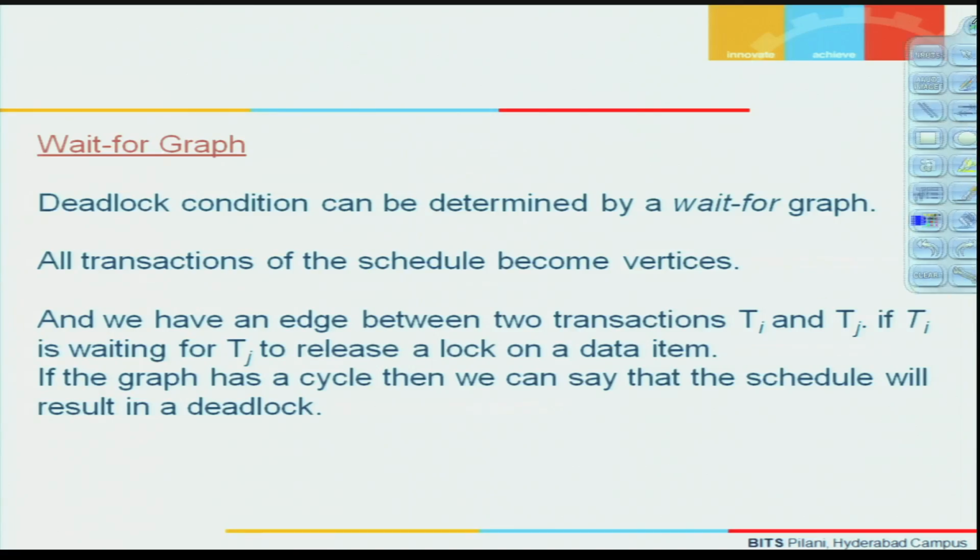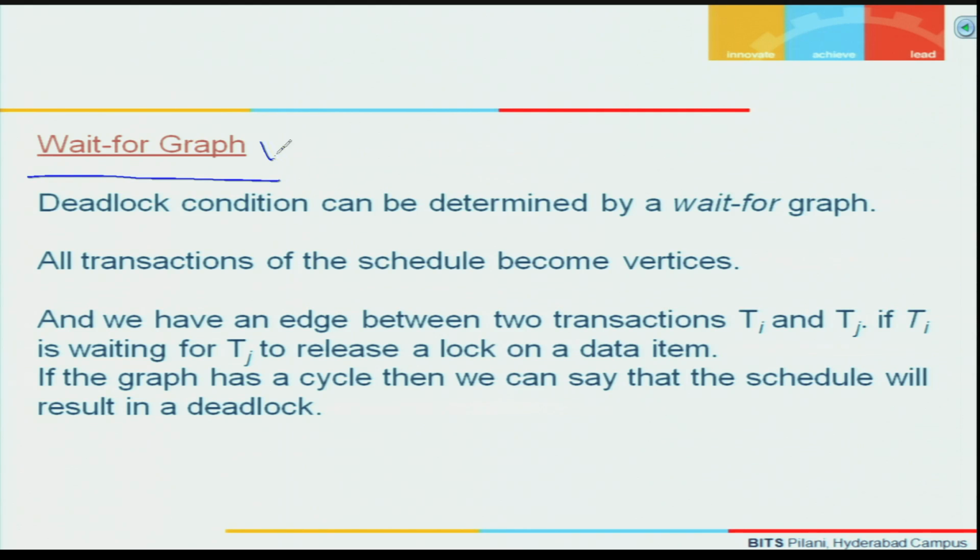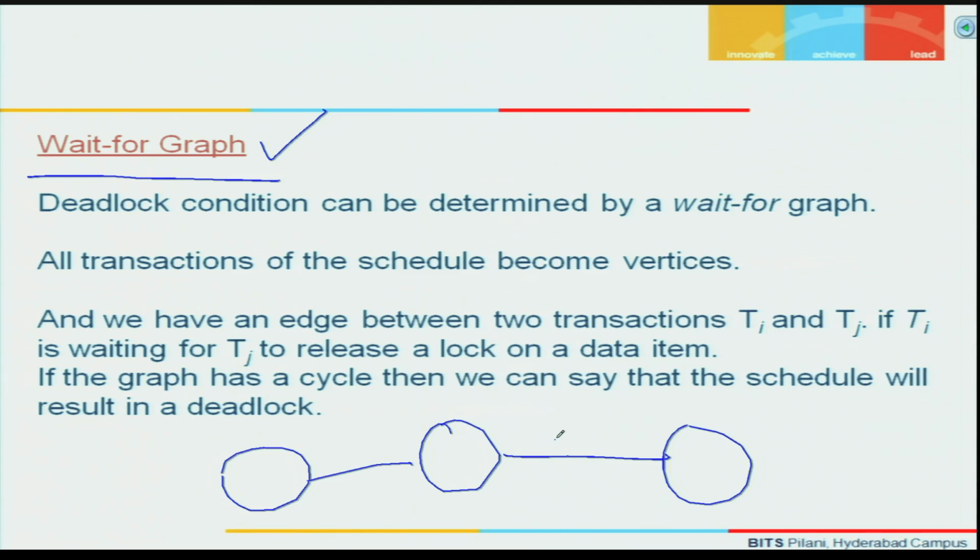Now let us discuss a technique using which we can detect the deadlock condition in a given schedule. We use a graph called a wait-for graph. And what is this wait-for graph? It contains nodes and edges, and nodes are nothing but the transactions that are involved in the schedule, and we can introduce an edge from transaction Ti to Tj if Ti is waiting for some resource which is locked by Tj.